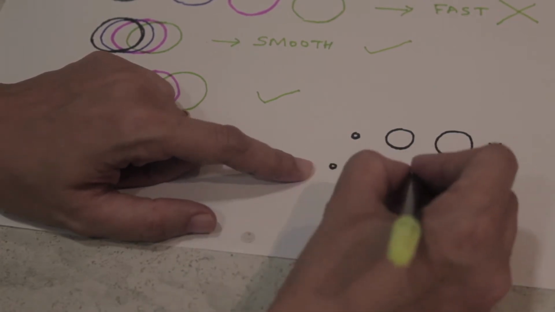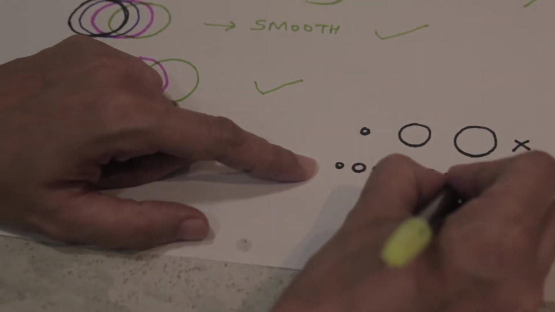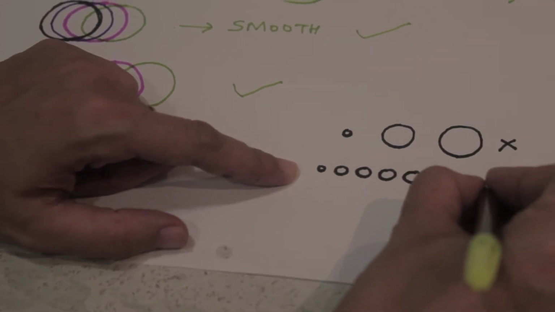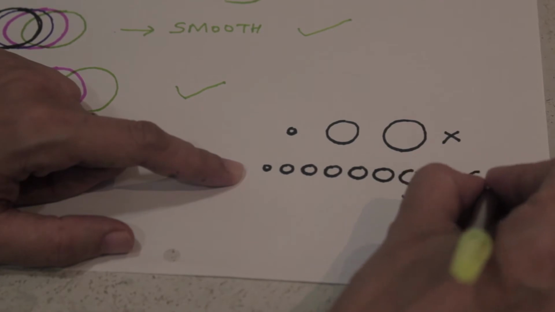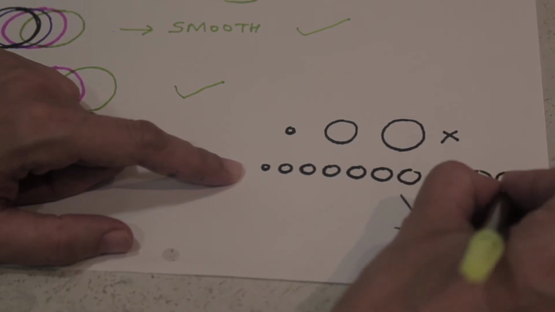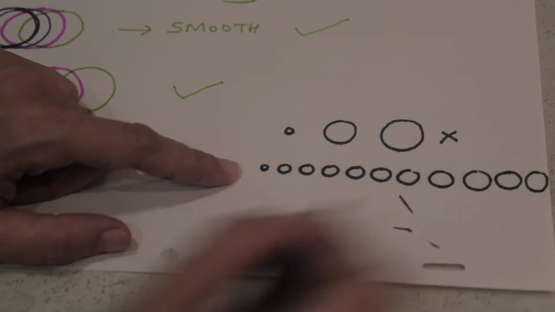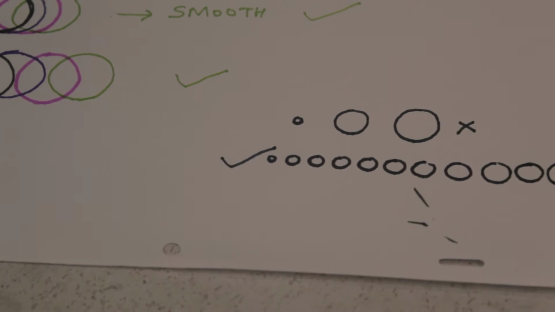So each time you're making just a little change, a small change, and gradually growing this dot bigger and bigger, the animation is going to look very nice and smooth. So that's how you're going to do it, not this way. This is the right way.